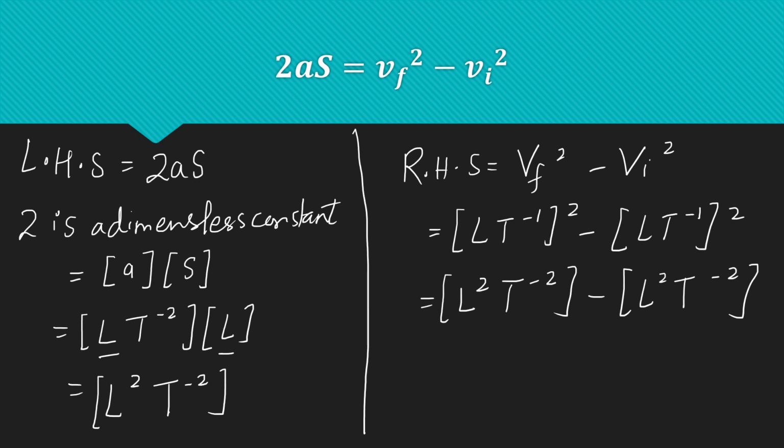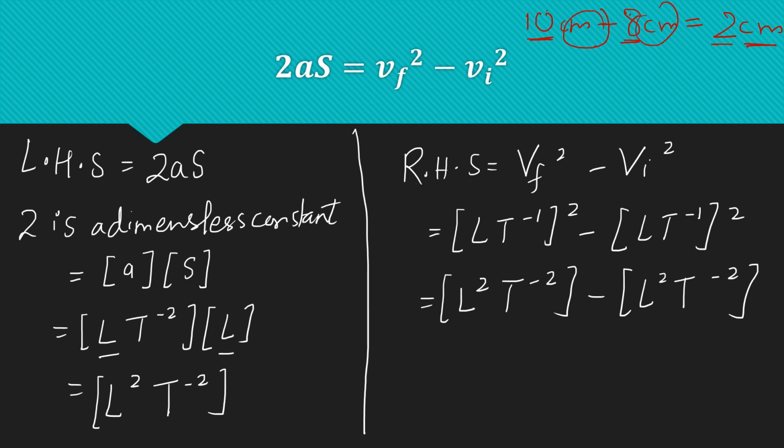Again, as I explained in the previous slide, when you subtract two lengths, for example 10 centimeter minus 8 centimeter, it will be 2 centimeter. Only the number will get subtracted, but the dimension will remain same.